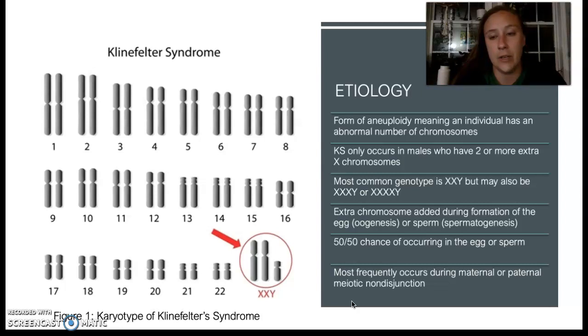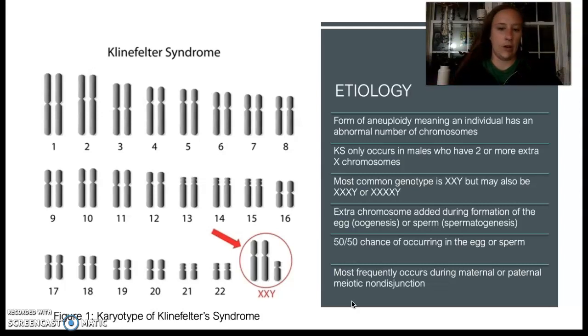The genotype can be XXY, or it can have 3 or 4 X's. Those are the 3 most common genotypes, but XXY I think is about 80 to 90% of cases.